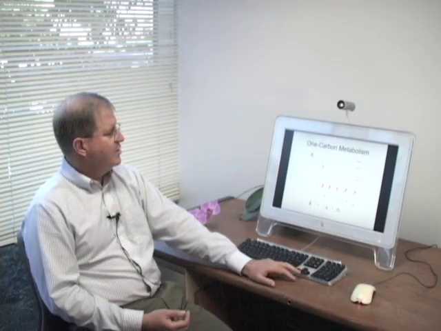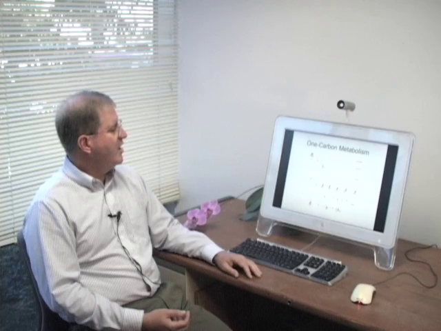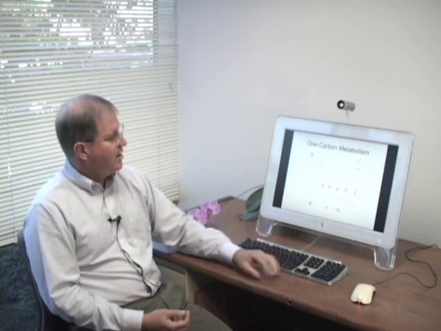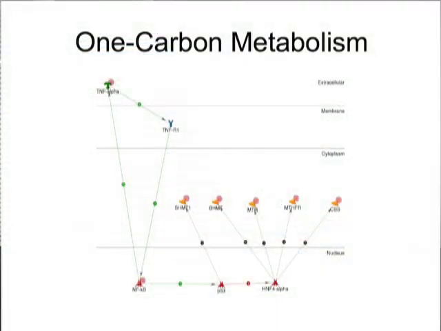When one of my co-authors saw this network, she immediately identified it as a subnet of one carbon metabolism. Here's TNF, TNF receptor, NF-kappa B, and MTHFR.